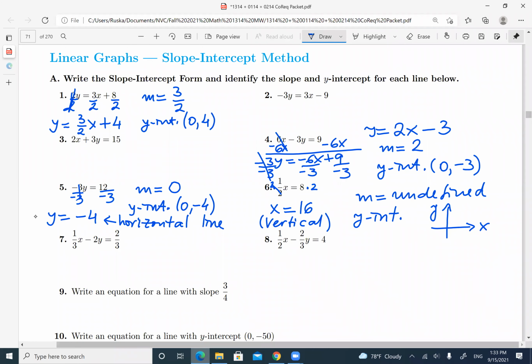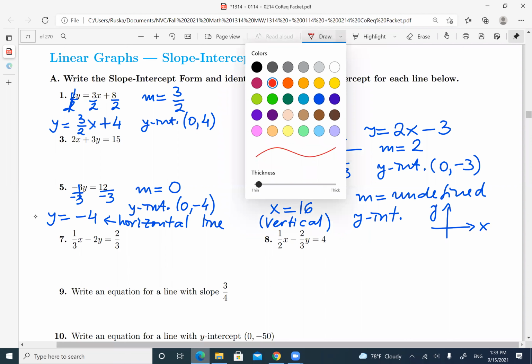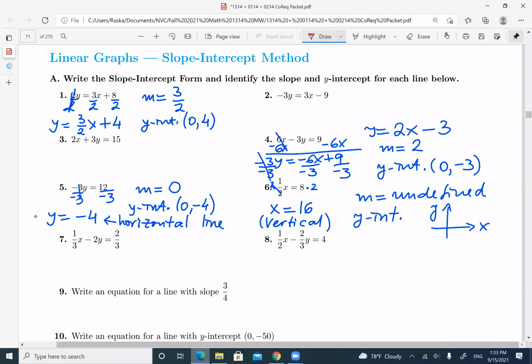And if you have a vertical line, in this case x equals 16, it's going to be like this. And you're going to cross the x-axis at 16, right? But you never cross the y-axis because it's parallel to the y-axis, because the y-axis is also a vertical line. So in this case, for the y-intercept, you're going to say there are no y-intercepts. Okay? And the slope is going to be undefined.